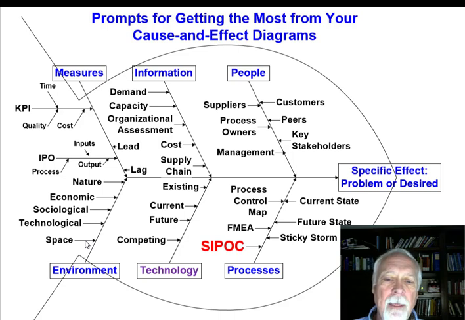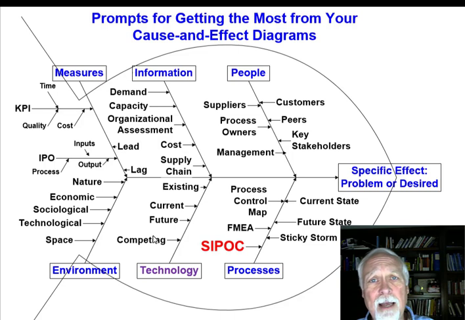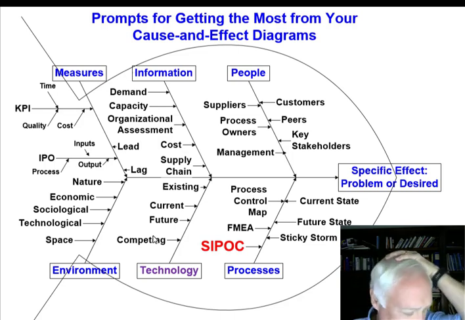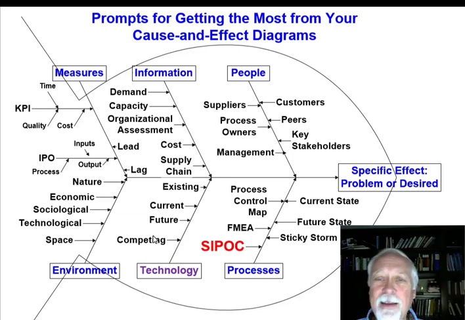And then finally, space, which has to do with the physical surroundings of where you are, which can affect your desired output. All of these together. So when I have students that basically hand me back a blank or near blank cause and effect diagram, I think, wow, really?